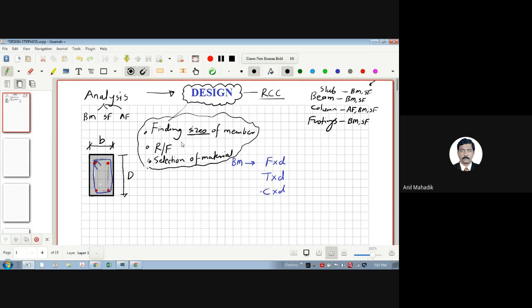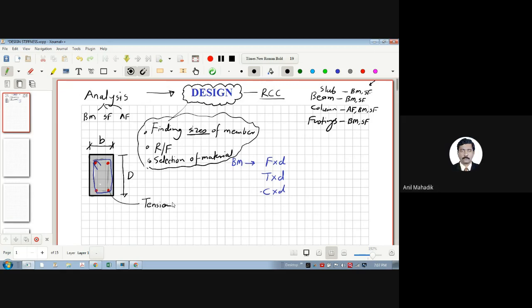Now if you want to arrive at proper sizes, what is required? How will you decide the size? How will you put the reinforcement, or how will you select the material? Let's say generally in buildings we are proposing RCC material. So why is steel provided in the concrete beam? To take the tension coming in the concrete, yes, because concrete is weak in tension.